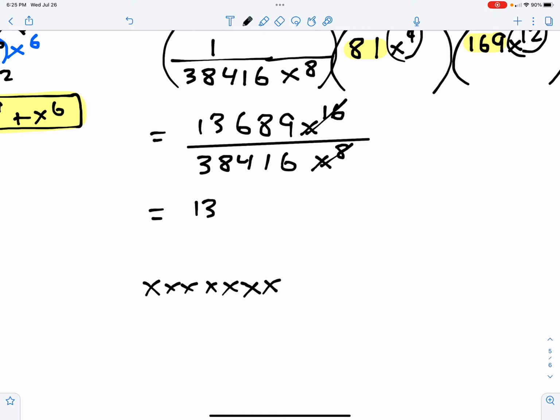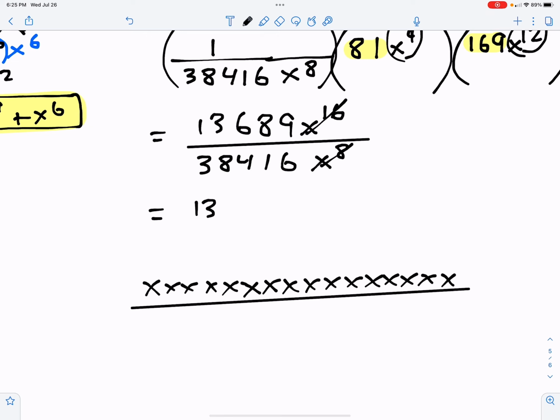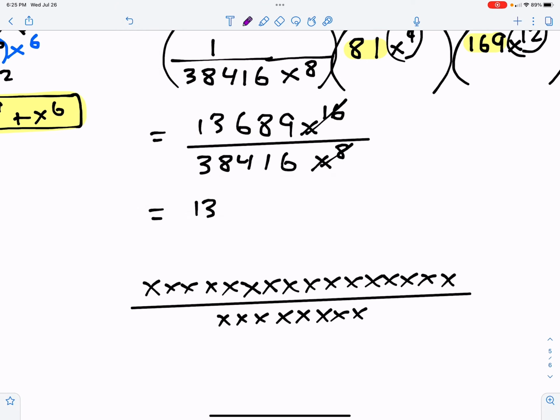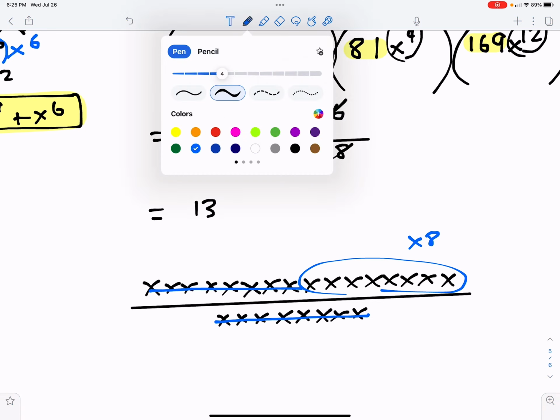That would be 1, 2, 3, 4, 5, 6, 7, 8, 9, 10, 11, 12, 13, 14, 15, 16. So that's x to the 16th power, right? It's 16 x's multiplied times each other. On the bottom, we have x times x times x times x times x times x times x times x. And if you think about it, what you're really doing is canceling 8 of these with 8 of these, leaving you with x to the 8th power remaining. Okay, that's kind of how you can think about it.